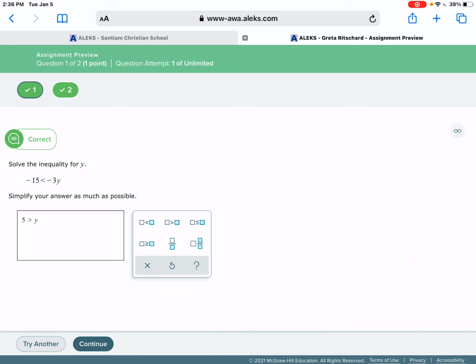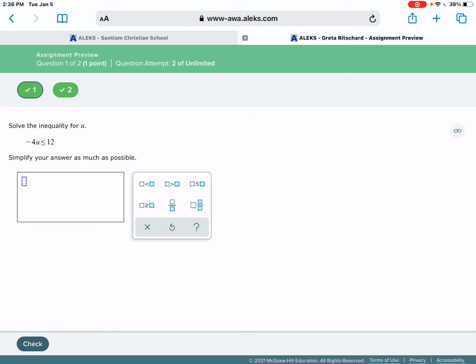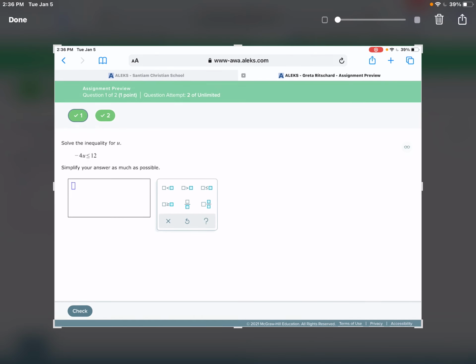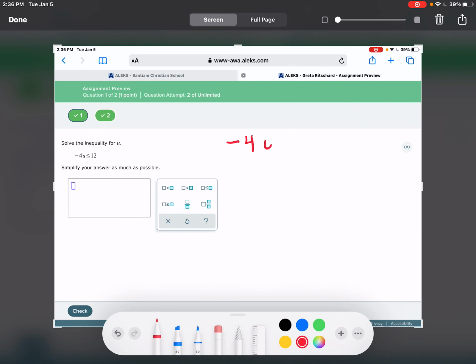Nice. Okay, I wanted to try another of these just for fun. If I have negative 4u is less than or equal to 12, I'm going to divide by negative 4 to get u by itself. But guess what? Dividing by a negative, as soon as you think of that, I always write this arrow.